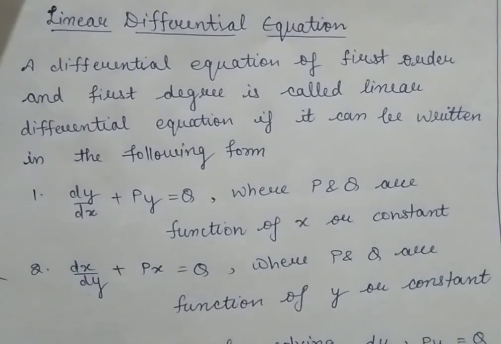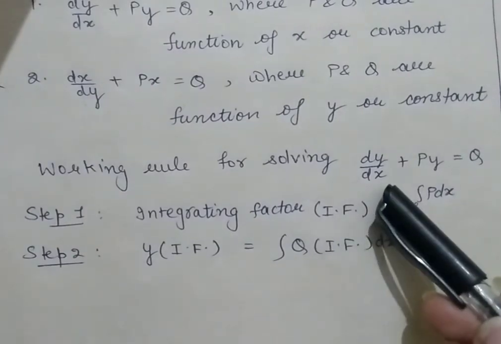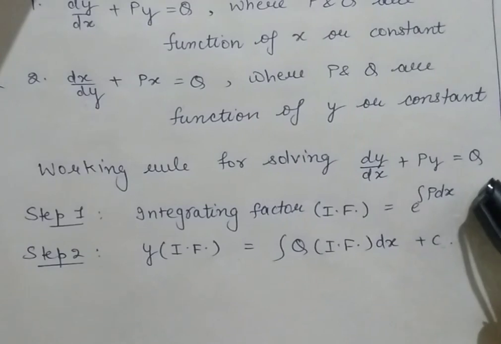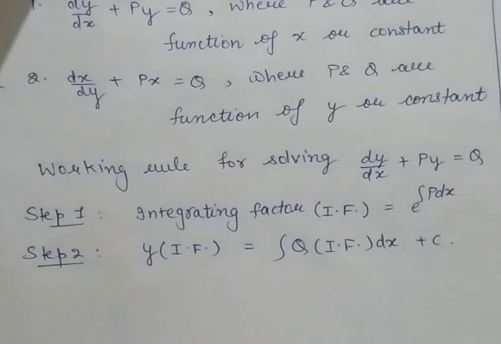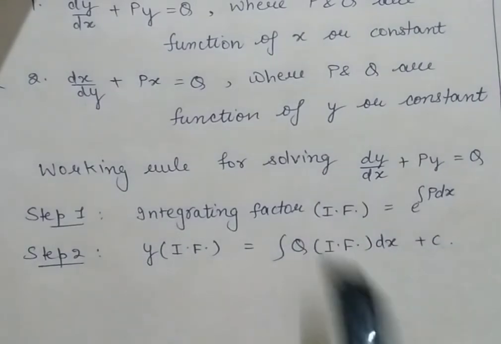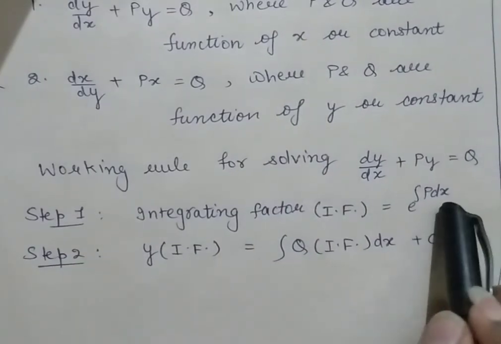Now if we have an equation of this form, dy by dx plus py equal to q, where p and q are functions of x, then for solving the differential equation, our first step is to find the integrating factor, which is defined as e raised to the power integral p dx.